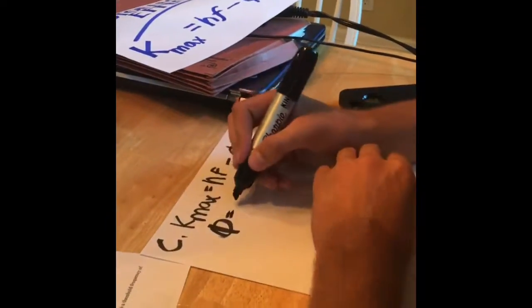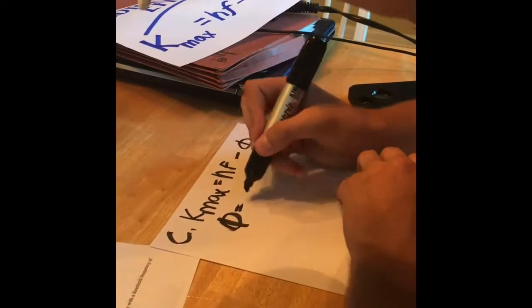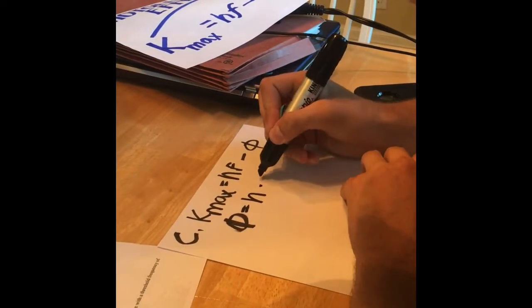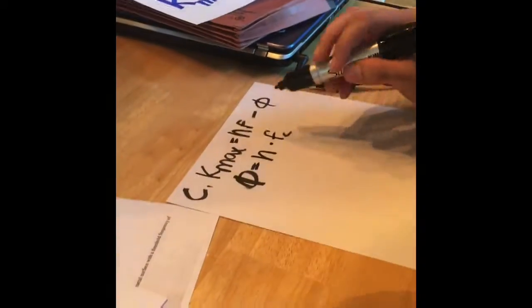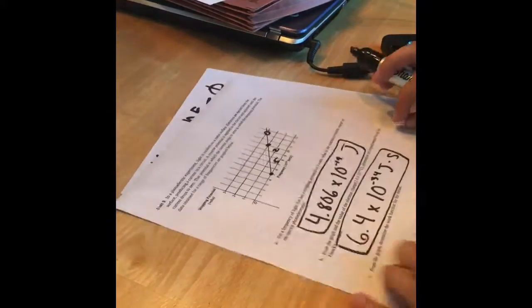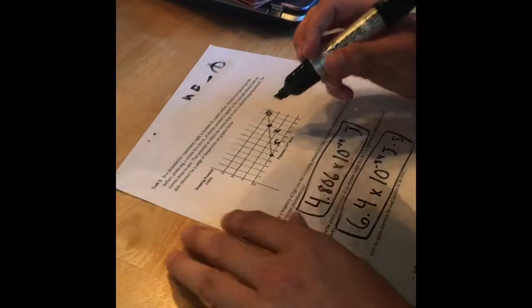All right, so work function is equal to Planck's constant times f sub naught, and f sub naught is, let's go to the graph. f sub naught is right here, which is equal to 5 times 10 to the 14th.